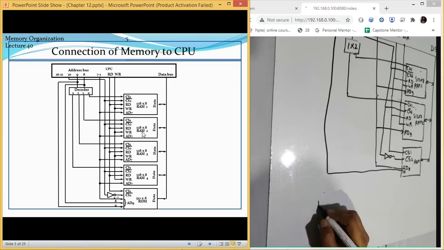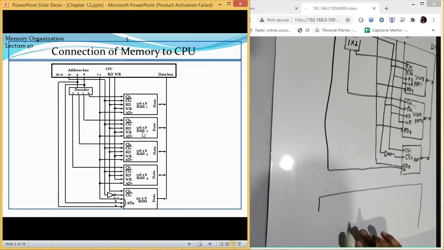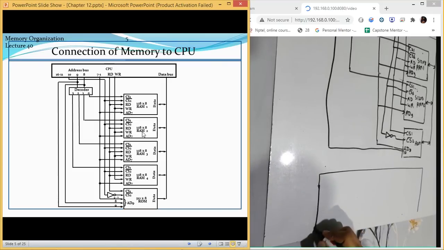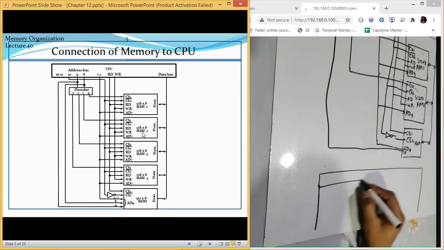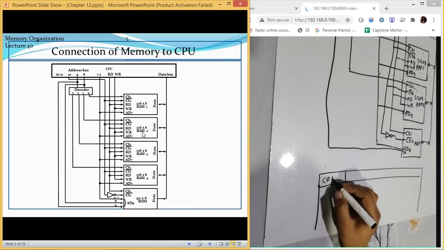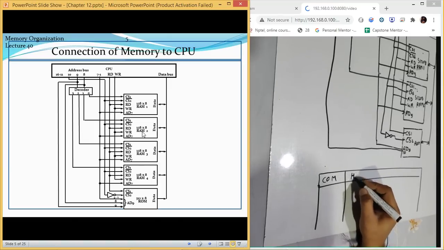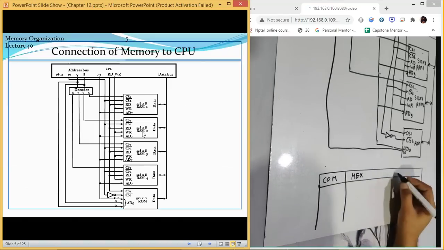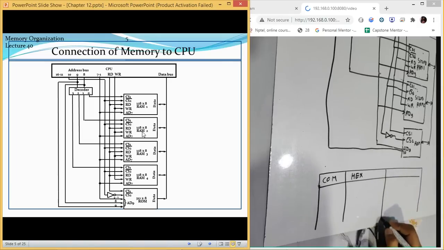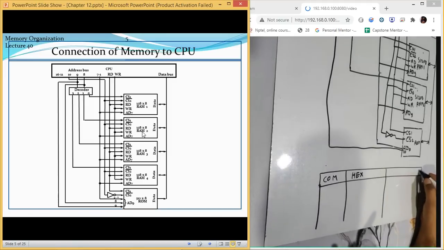In the case of the address map, we have components on one side, hexa addresses on one side, and on the other side we have the bits, from 1 to 9.